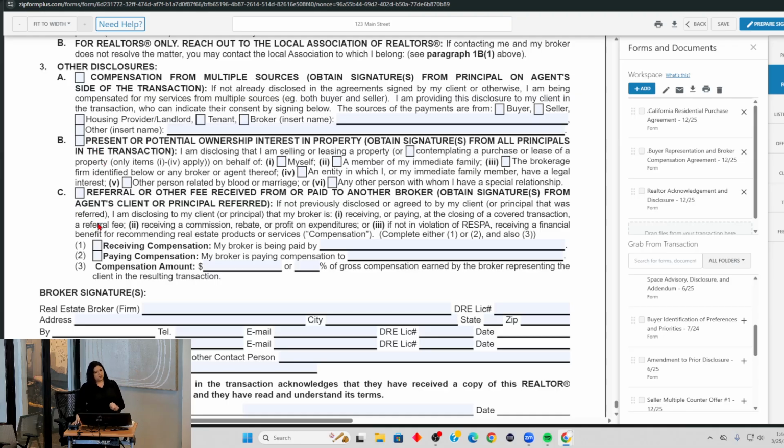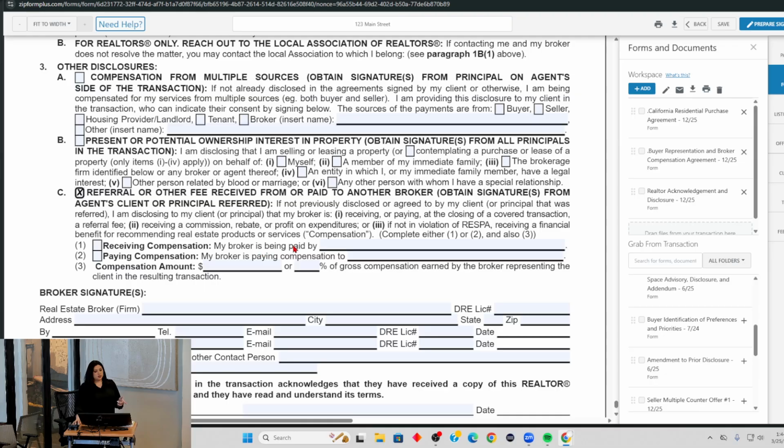C is referrals. This RAD is automatically attached to all referral agreements. We must disclose where and who, what is the interaction that's going to take place. So if you mark letter C for your referrals, you would mark this box, and then you state which one you are applying. Are you receiving compensation for that buyer?